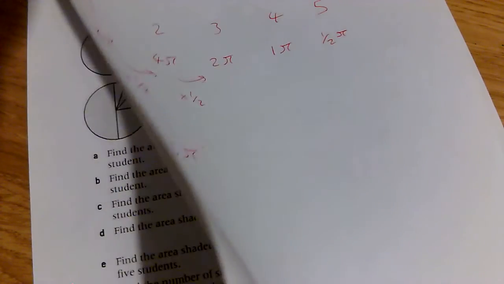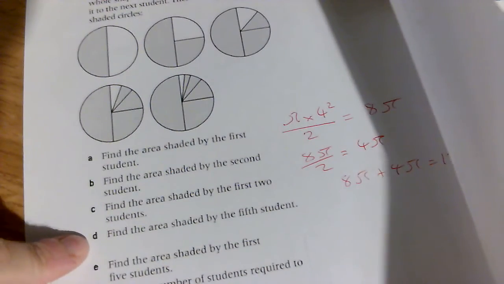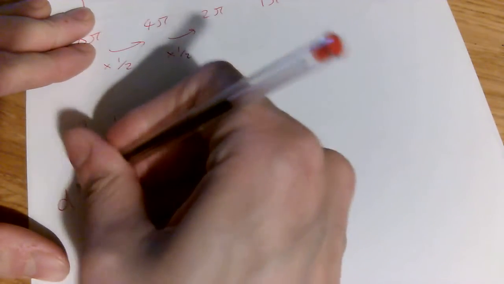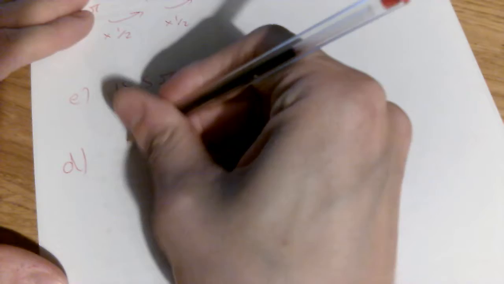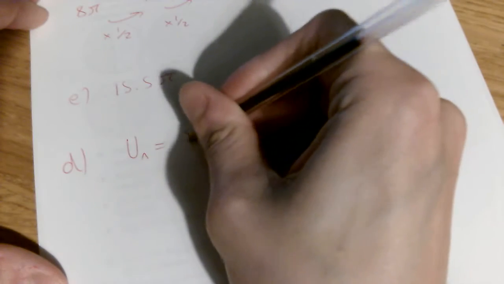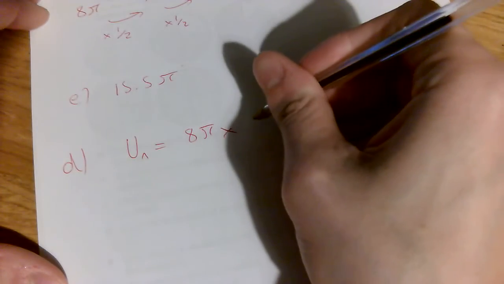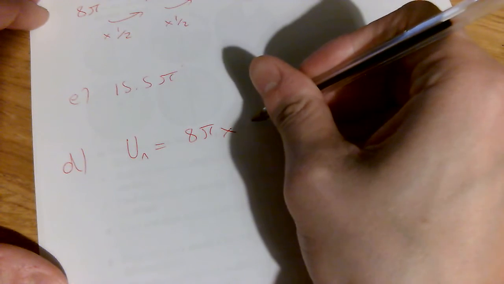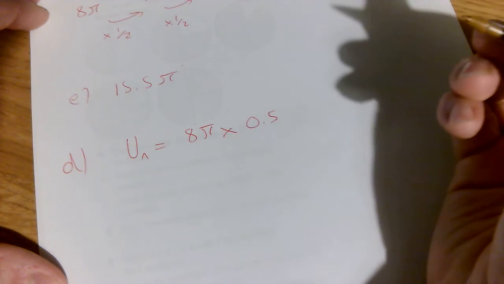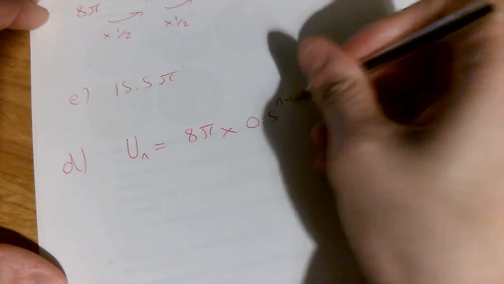Might be worth knowing at this point how we could use the formula for this question. So if we go back maybe to question D, find the area shaded by the 5th student. Well, if we do this with the formula, we can see we need the nth term formula here. So that's going to be the starting term, which is 8 pi, times the common ratio, which in this case is 1/2, and I think I'll just use 0.5 in this case, to the power of n minus 1.